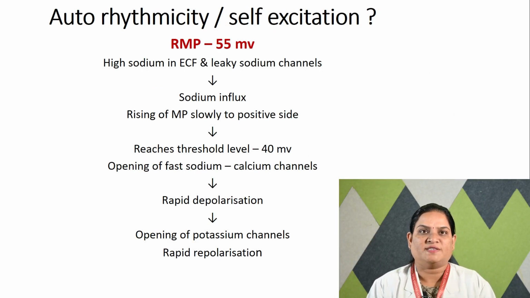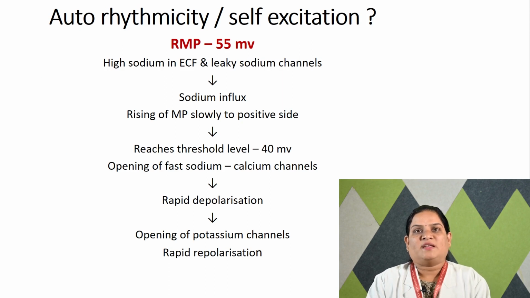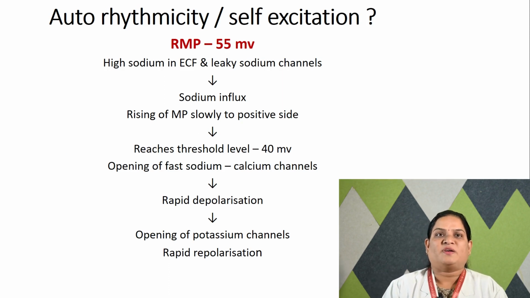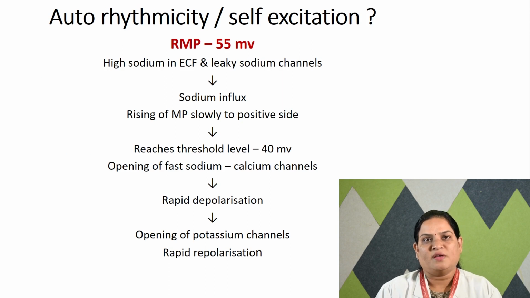Now the autorhythmicity, that is self-excitation. Whenever there is a resting membrane potential in cardiac muscle of minus 55 millivolt, there is high sodium in the ECF and leaky sodium channels. Because of sodium influx, there is slow rising of the membrane potential to the positive side. It reaches the threshold level, that is minus 40 millivolt.